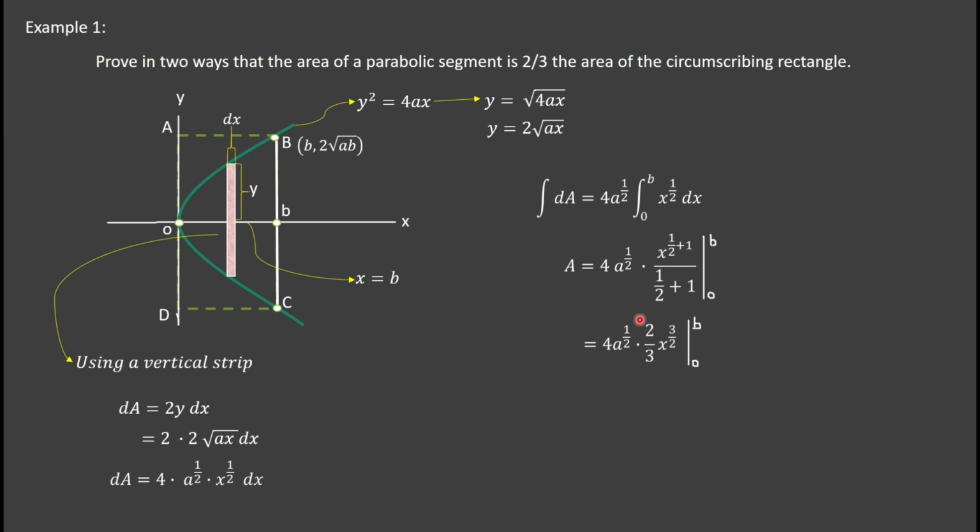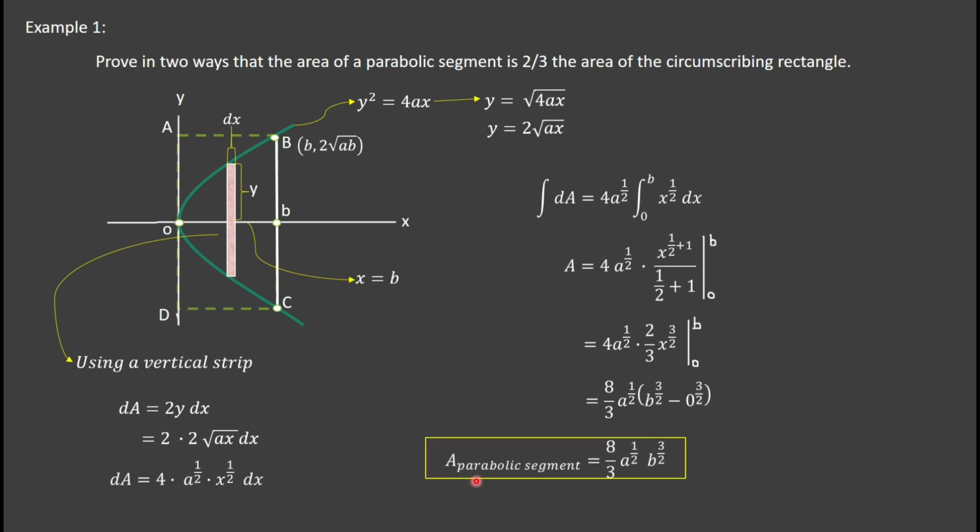Again, this would be 4a to the power 1/2 times 2/3 x to the power 3/2, which is 8/3 a to the power 1/2 times the quantity b to the power 3/2 minus 0. Therefore, the area of the parabolic segment equals 8/3 a to the power 1/2 b to the power 3/2.